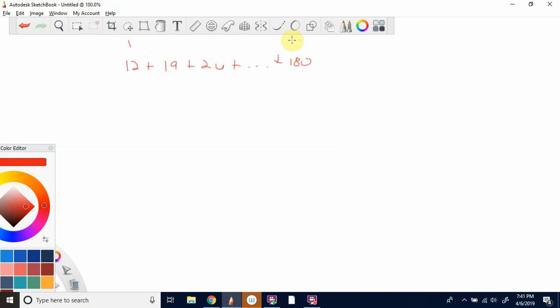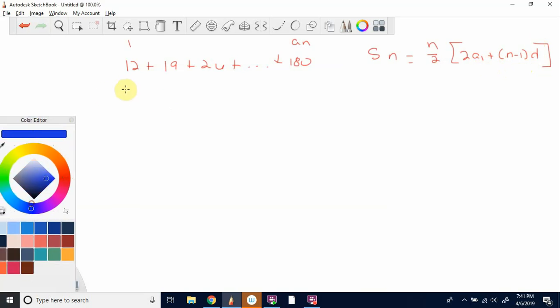So I know this is the first term and this is a sub n. So we're going to look at our formula. S of n equals n over 2 times 2 times a sub 1 plus n minus 1 times d. Okay, there's our formula.